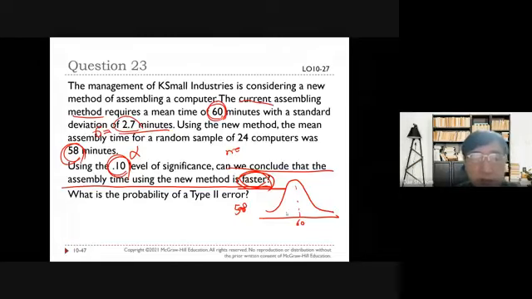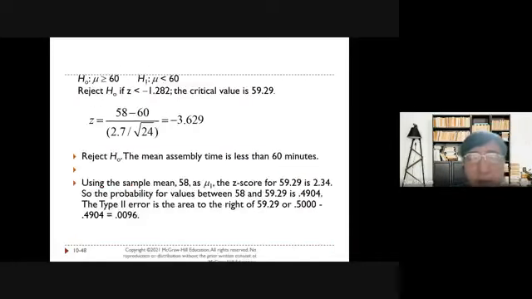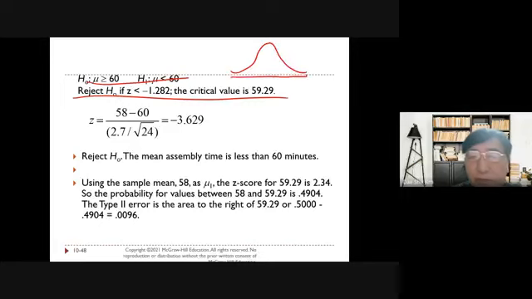The new time is less than 60 minutes, 58 is here. So we calculate that value like this: 60 minus 1.282, corresponding to the x value. How to calculate?